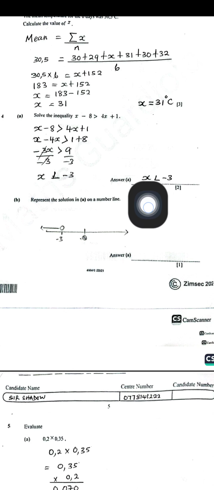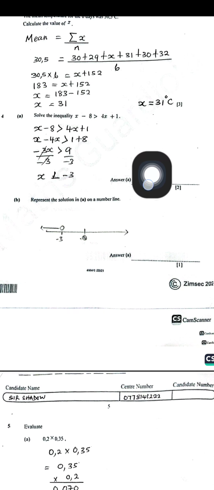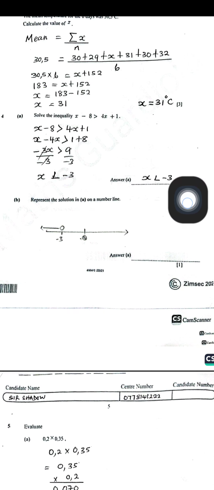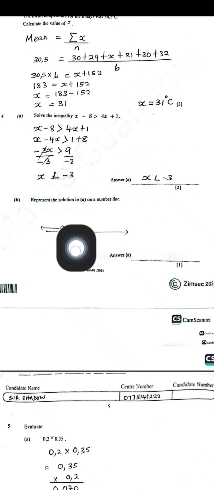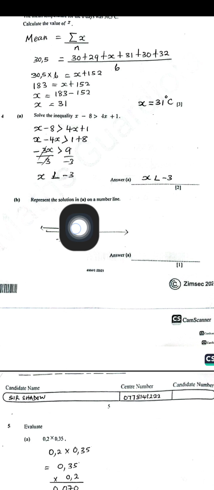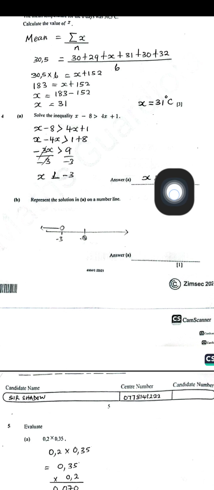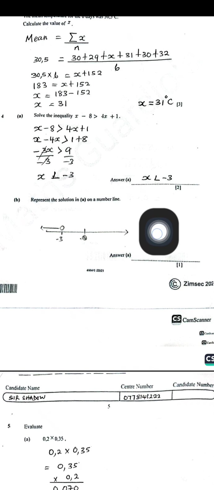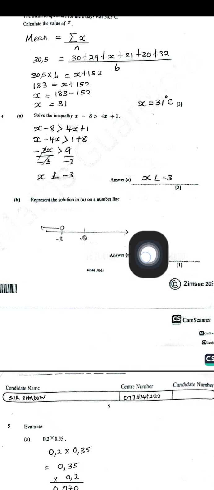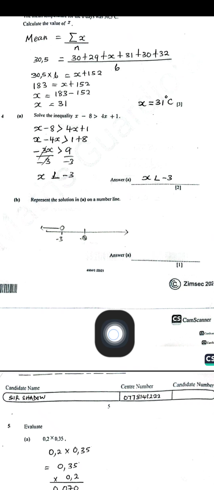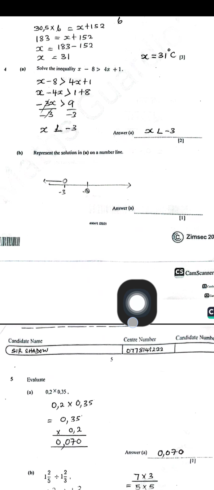Remember, x is less than minus 3. The sign is open to the right side, so your arrow should move to the left side. So you put an arrow right here. This becomes the solution, right?